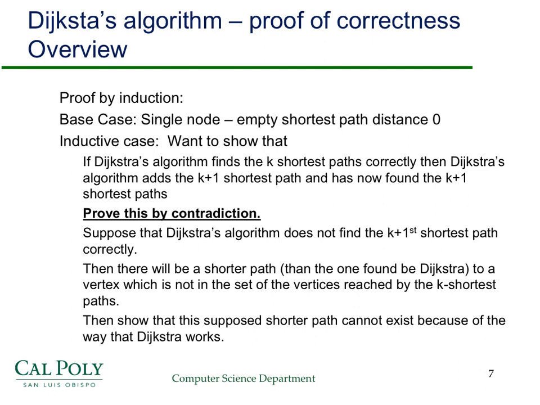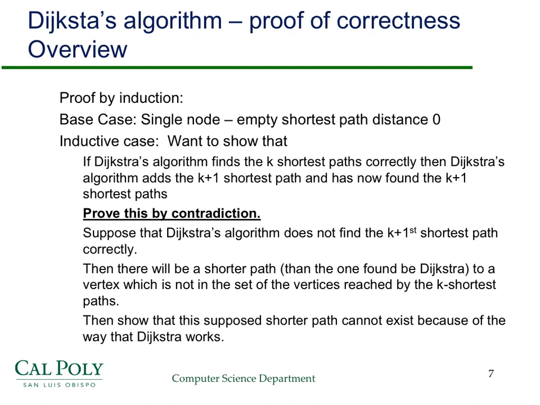So here's the idea. We're going to do an induction, and we're going to prove the inductive case by showing that Dijkstra's algorithm adds the k plus first shortest path, and thus has now found k plus 1 shortest paths. In other words, the inductive statement is that at each stage k, we're going to have the shortest paths to the k vertices that are closest to the start.